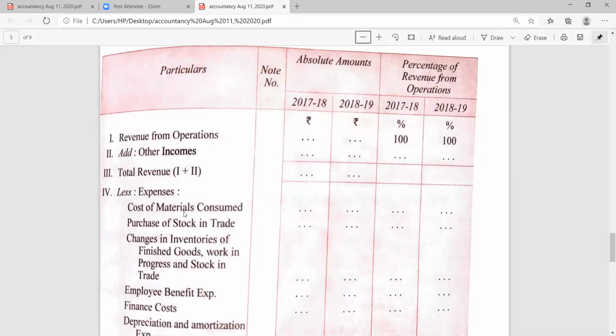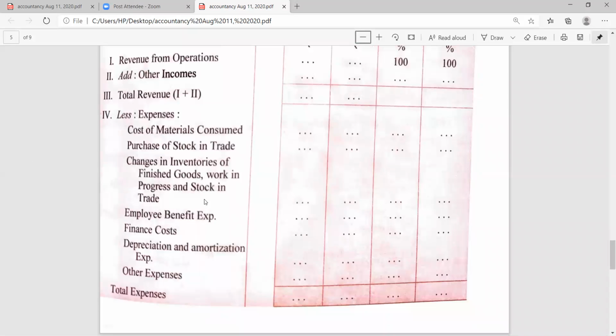In the fourth column, we have to consider all the expenses directly related to the cost of production as well as indirect expenses like the finance cost, employee benefit expense, or the depreciation or amortization expense. In this way, we can calculate the total expense by adding the other expenses. The fourth column will be finished.